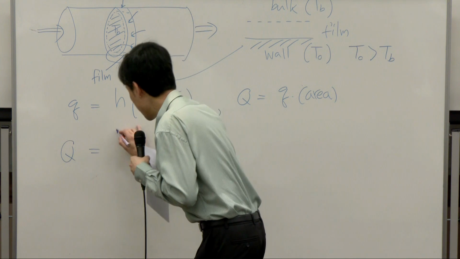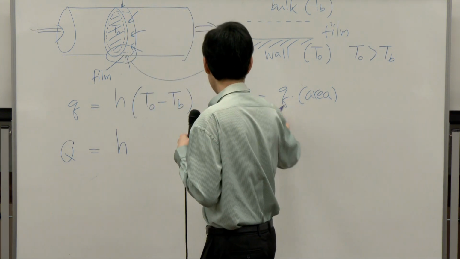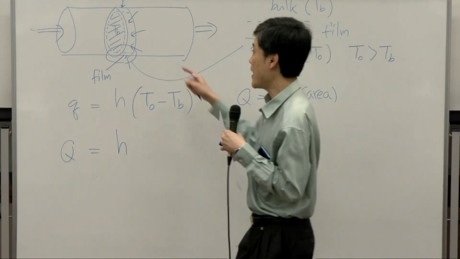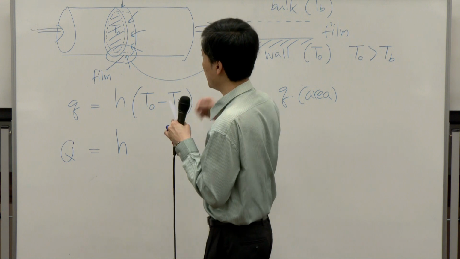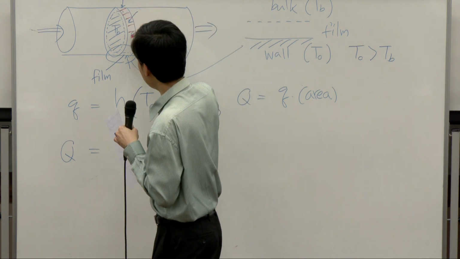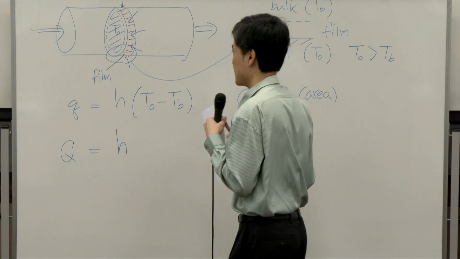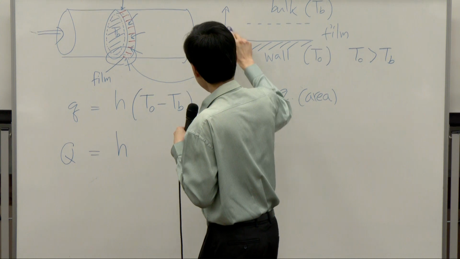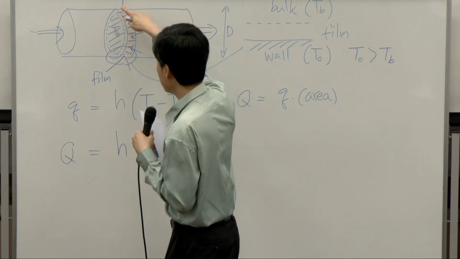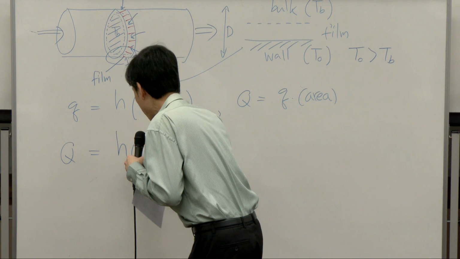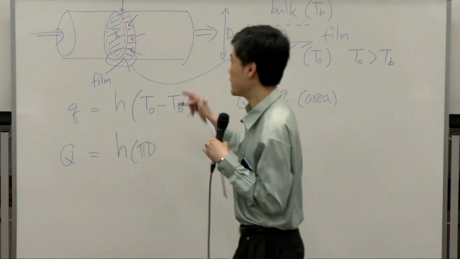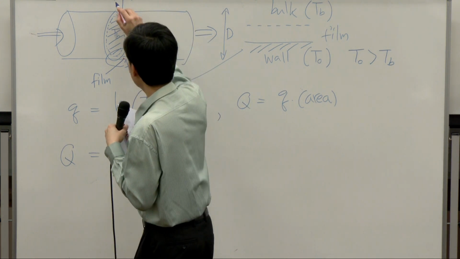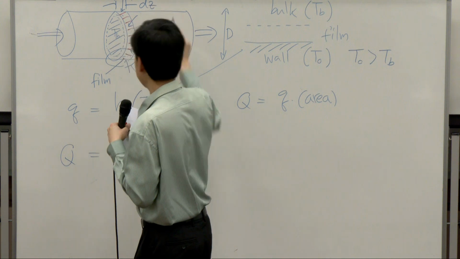And small q is H delta T. This area is the heat transfer area, which is the surface area of my slice. If the diameter of the pipe is D, the surface area here would be pi D, which is the circumference of the pipe, times dz, if the width of this slice is dz.